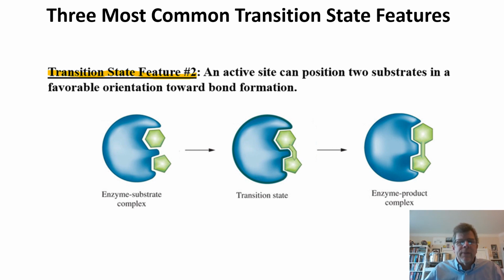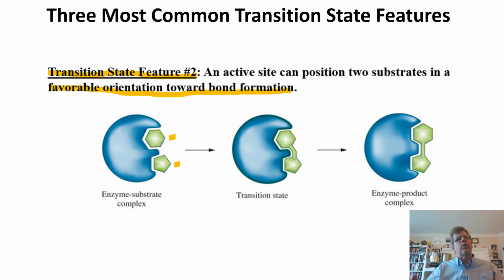So the enzyme-substrate complex puts two molecules within that active site over here on the left-hand side, and the enzyme active site works it such that we dispose both of these substrates towards each other. It literally puts them together, forces them right up into each other's grill, and poises it in a favorable orientation towards bond formation.